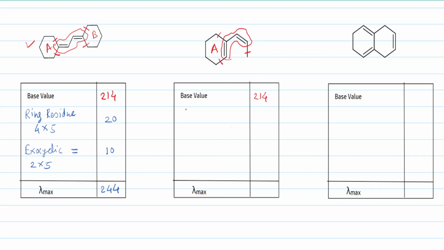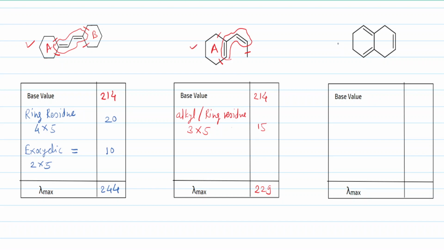So I will write here alkyl and ring residue. So total 3 are there. So 3 into 5, it is equal to 15. Now no extra conjugation. This double bond is not an exocyclic one. So we have to add just, we get 229 nanometer. This is the lambda max value for this compound.